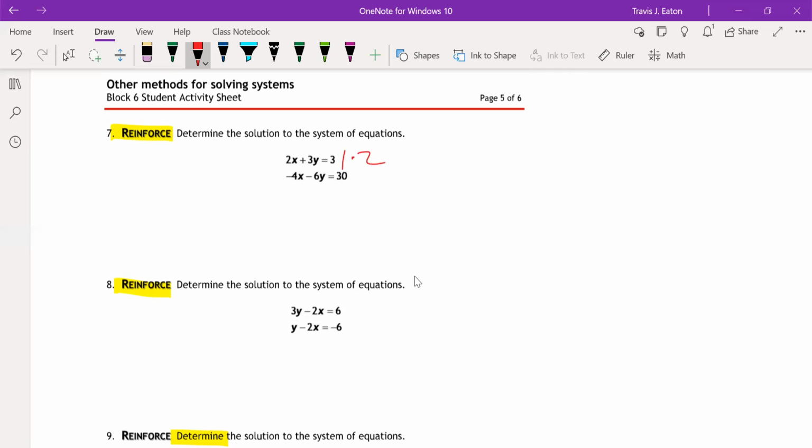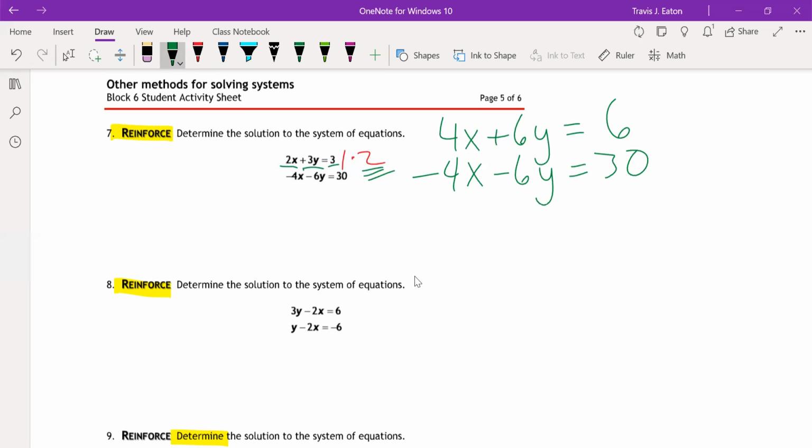And so when I do that, I will have 2x times 2 is 4x, 3y times 2 is positive 6y, and 3 times 2 is 6. Now, I don't have to do anything to the bottom one, negative 4x minus 6y equals 30, because I decided I wanted to eliminate my y's.